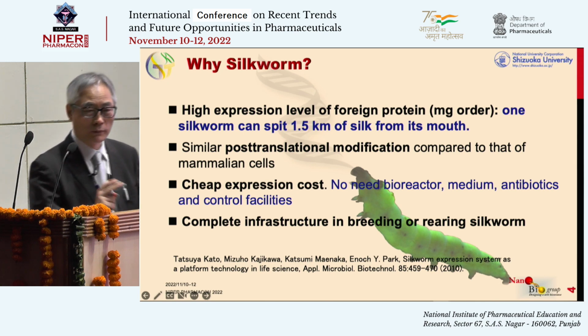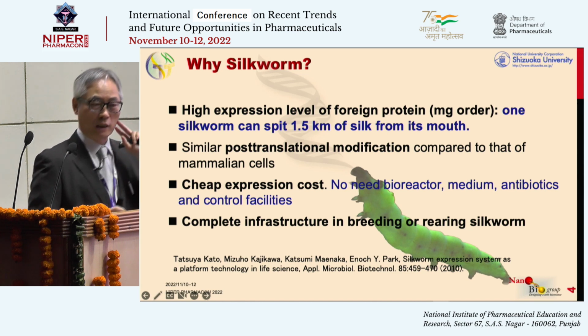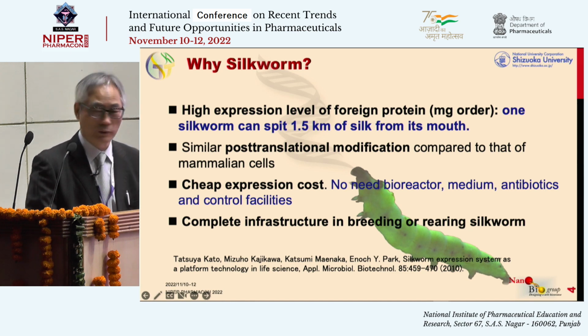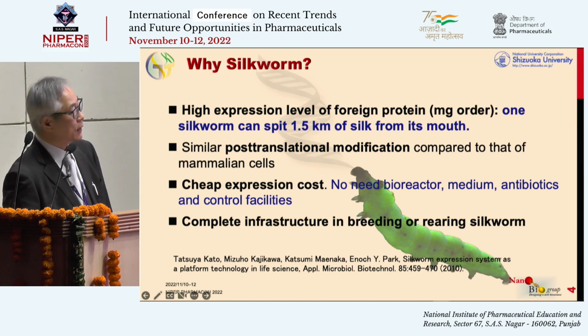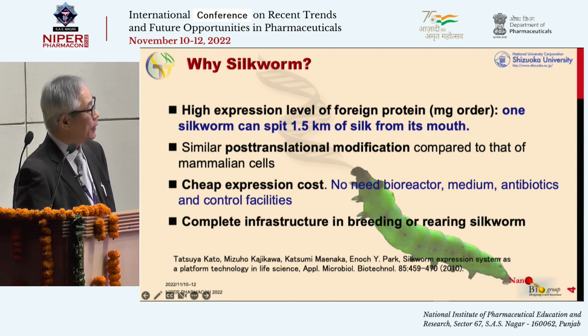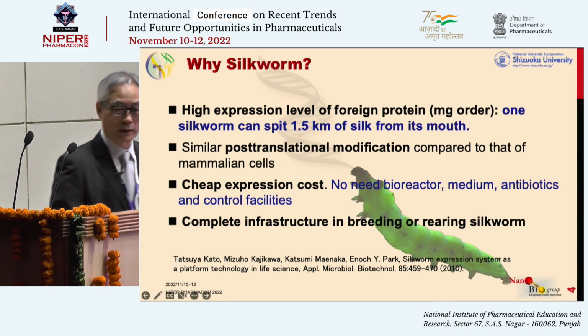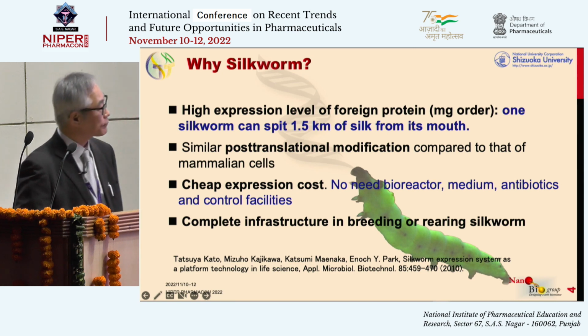There is no animal, no insect, that spits this kind of protein from its mouth. Another thing, from the biochemical point of view, post-translational modification is very similar to mammalian cells, so we can express eukaryotic cell proteins easily.